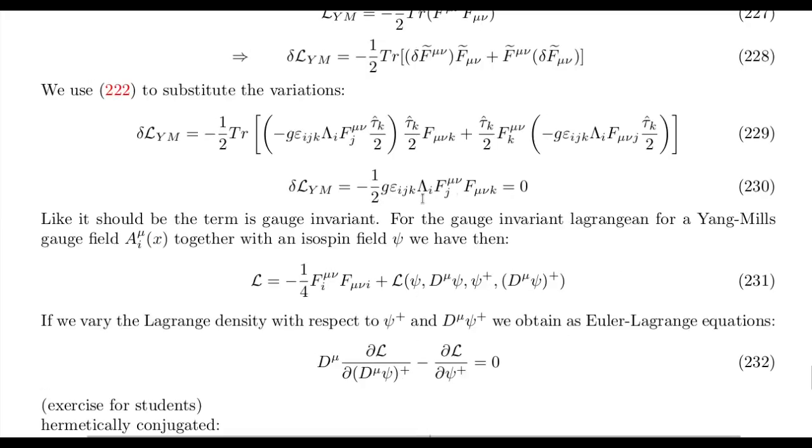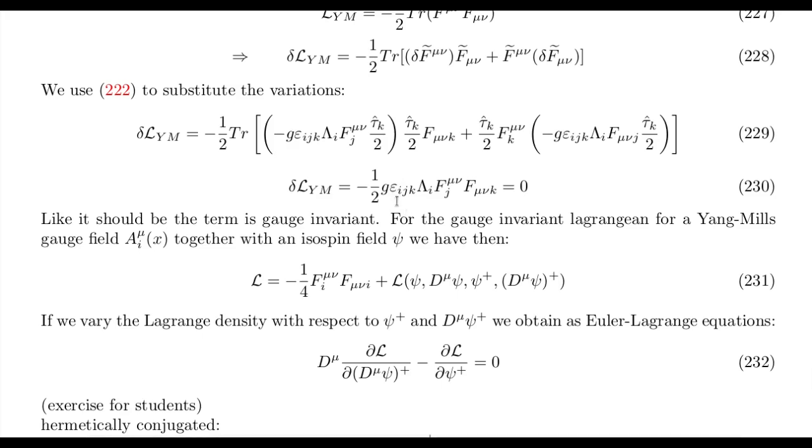If we look at this term, what have we got here? We have the epsilon tensor, the Levi-Civita symbol. This symbol is unequal 0 if the three indices have different values. If two values are equal, then epsilon is 0.